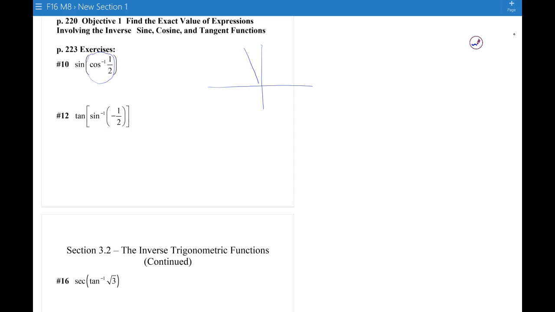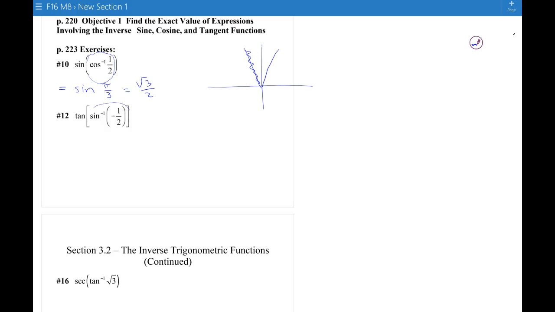So we can draw the angle in quadrant 1 or 2 that has a cosine of a half. So it's not this one because that has a cosine of negative a half, right? So it must be quadrant 1. So the angle with a cosine of a half is pi over 3. So this is the same question as what is the sine of pi over 3? And we know it's root 3 over 2.